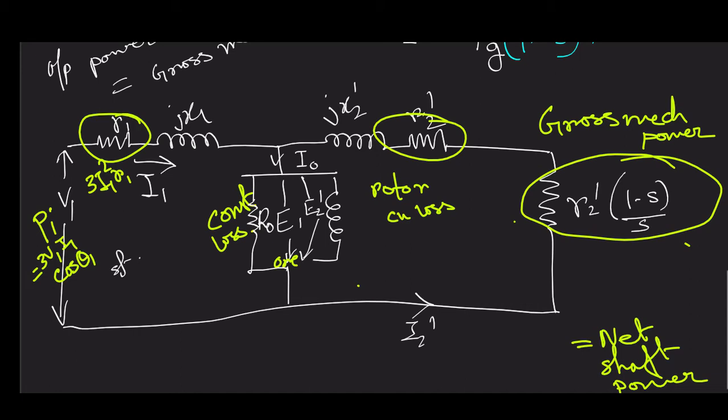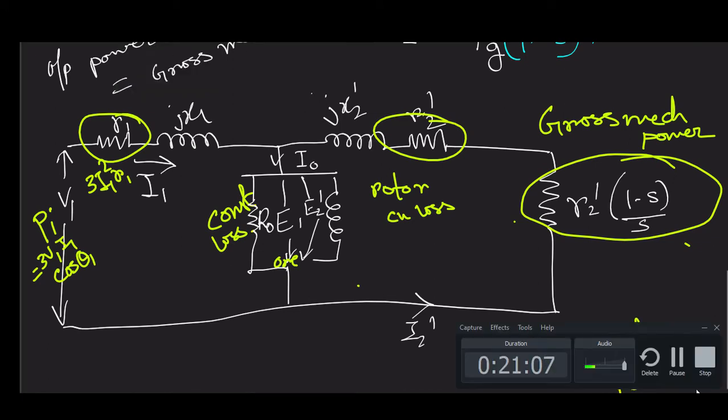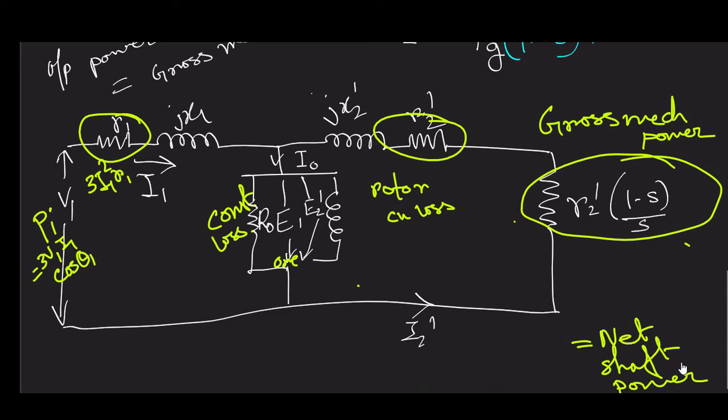Now when the machine rotates at a high speed, although you can argue that rotor flux remains the same, these losses are proportional to flux density.